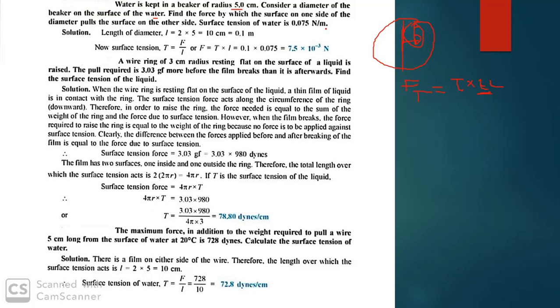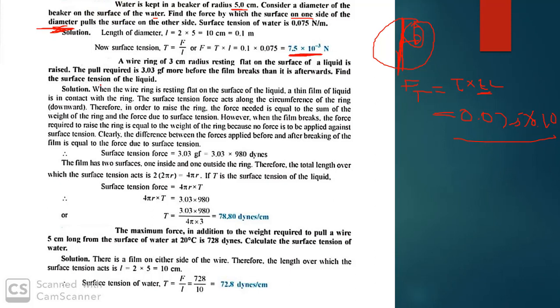For effective length for this case tumeambiwa in one side, okay, one side pulling the other side, so it means surface tension ya 0.075 times length moja wapo ambao ni manake tumeambiwa kwenye diameter, okay, length yetu ni diameter nzima ambao ni 10 cm, so times 0.1 meter. So we put in the numbers, unakuja kupata kwamba force of surface tension ni hii hapa.